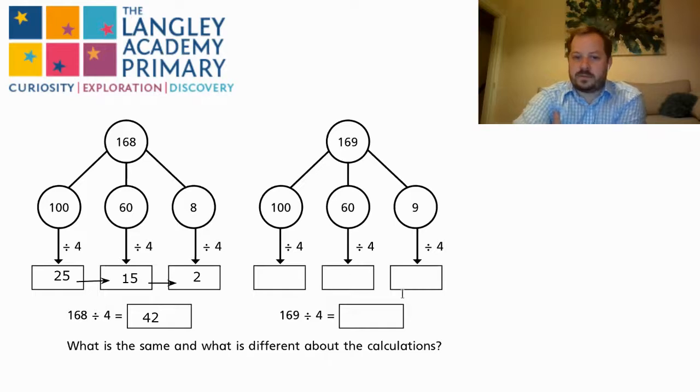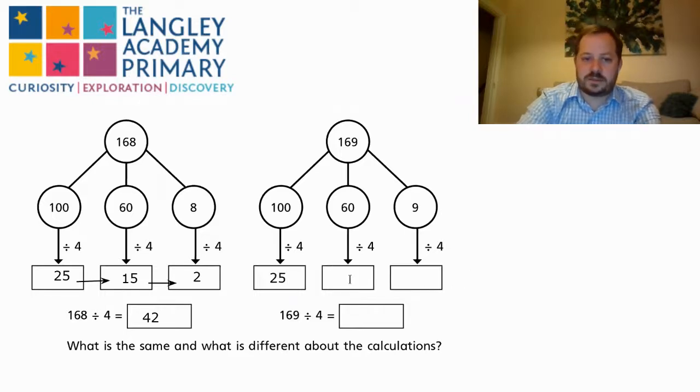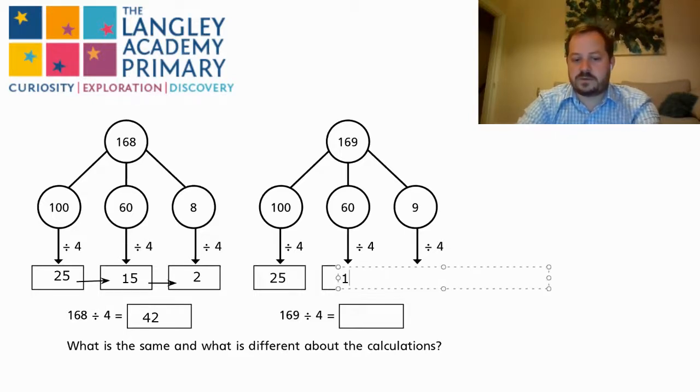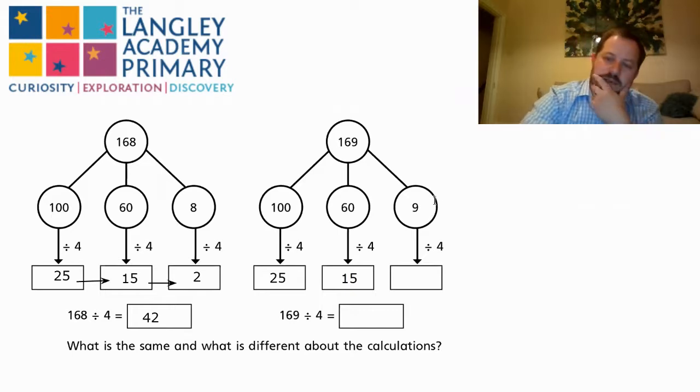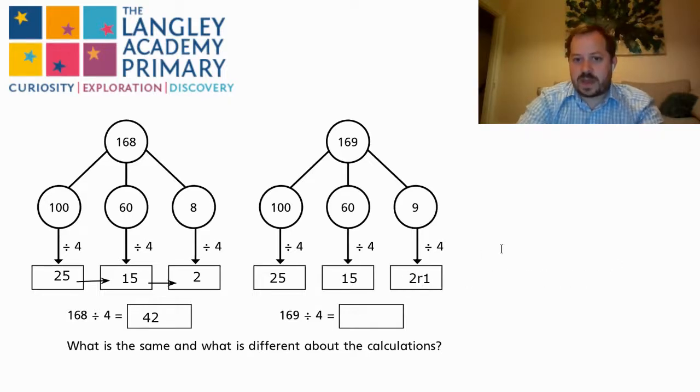In the case of this one, we do the same thing again. So we still got here 25, because that hasn't changed. And this one hasn't changed, it's still 15. But in this case, we're left with 9. 9 divided by 4 is, the closest we can get is 8. So that's 2. But it has a remainder 1. And that's where our remainders come in.